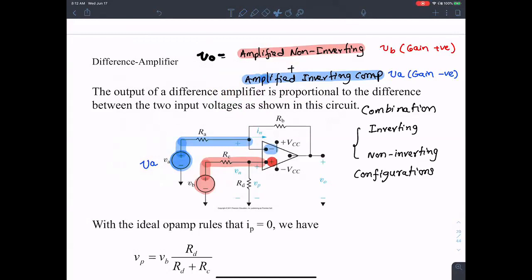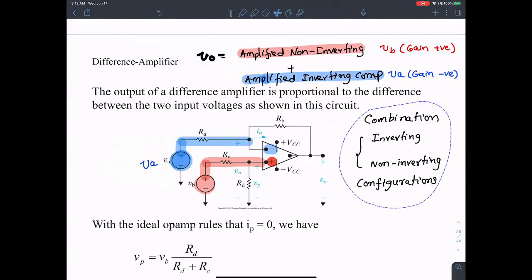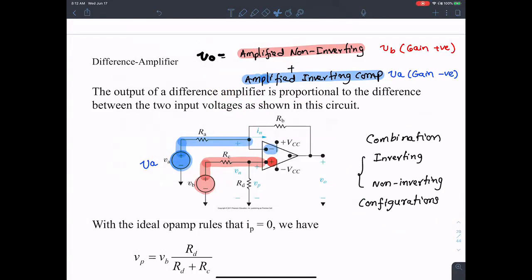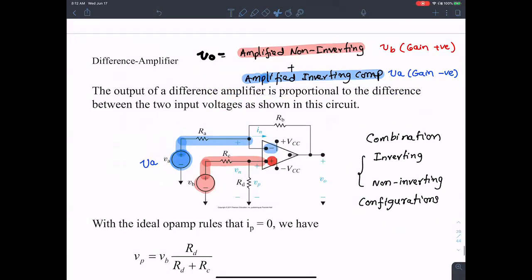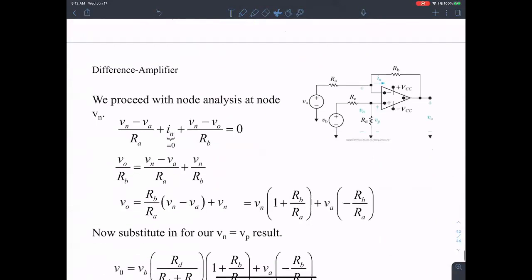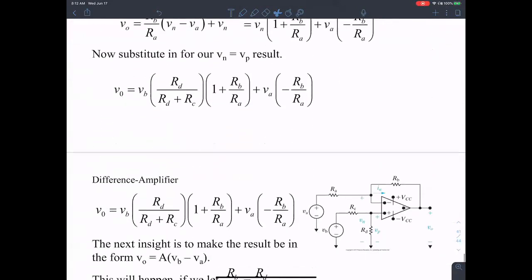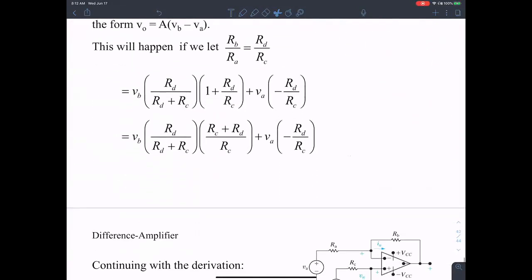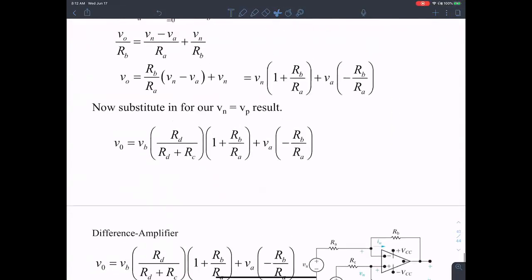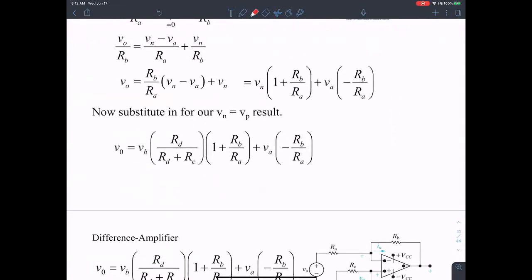Let's see if that is indeed the case, because this is simply a combination of inverting and non-inverting configurations. I'm going to look at the output and see if that is indeed the case or not. So in order to do that, let me copy this. Before I begin the analysis, I just want to get an intuitive feel for what the output will be.